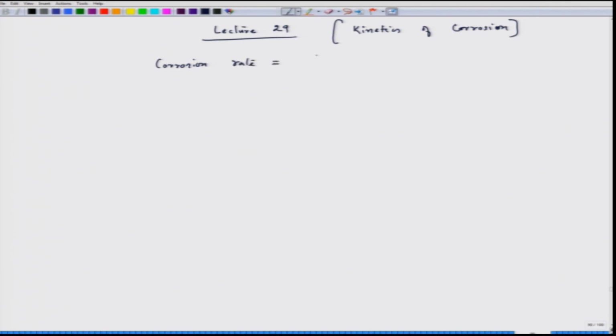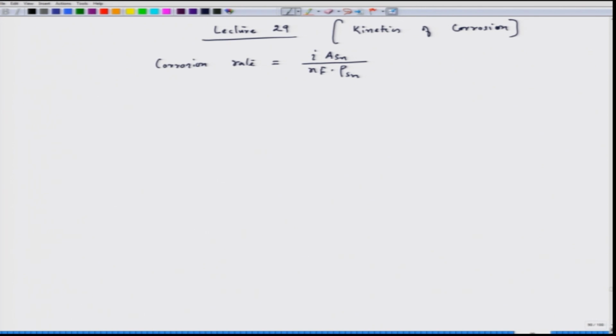is equal to I A M, where M is nothing but the atomic weight of Sn, divided by N F into rho Sn, and rho is the density.